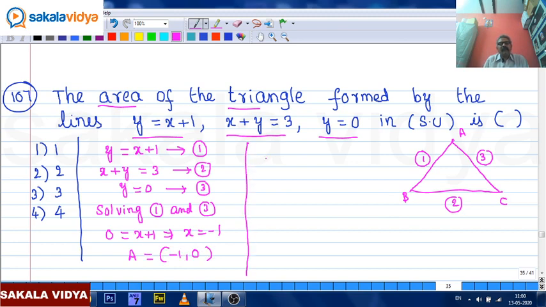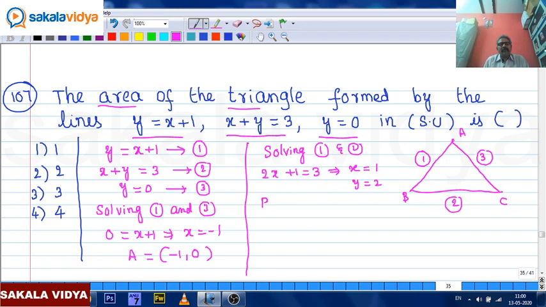Now, solving 1 and 2, put y is equal to x plus 1 here, 2x plus 1 is equal to 3, x equals 1, x equals 1 means y equals 2.